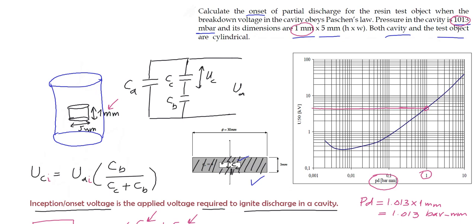This is 1, this is 2, this is a logarithmic graph, this is 3, 4, approximately 4.5.